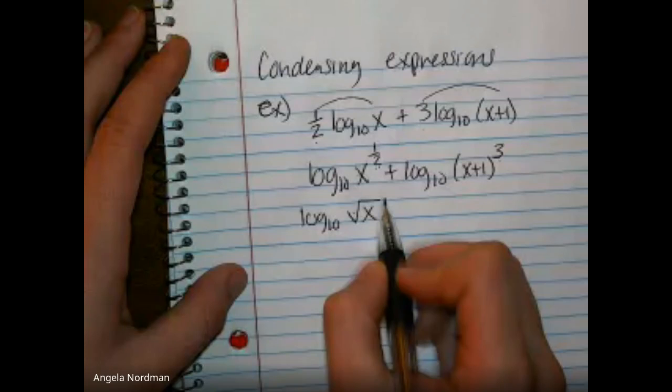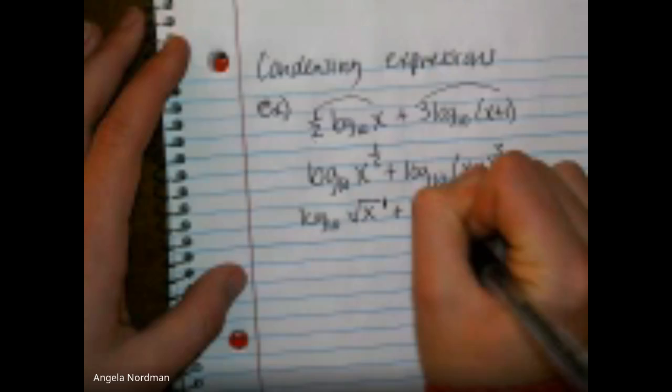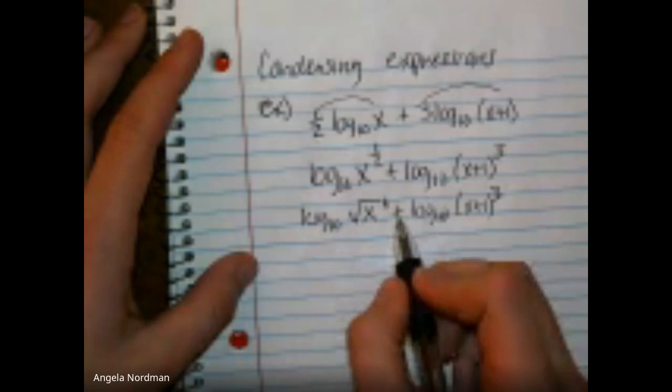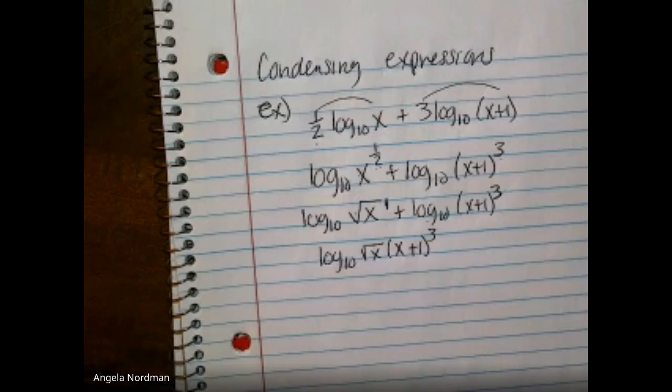So again, plus log base 10 of x plus 1 to the third. So now I know when I'm condensing, I can get rid of 1 log. So I can change this addition into multiplication, making it log base 10 of the square root of x times x plus 1 quantity cubed. And that would be as condensed as I could possibly get it because I can't go any further from there.